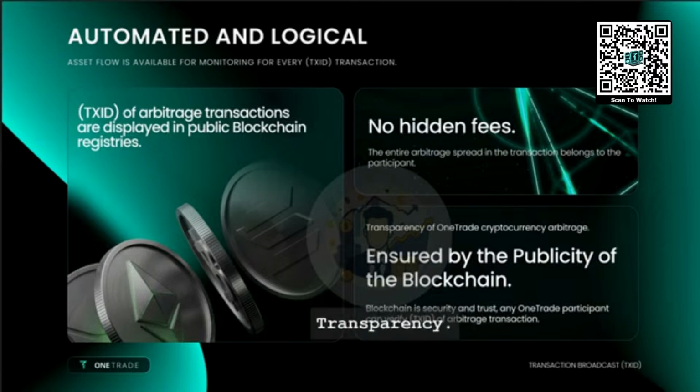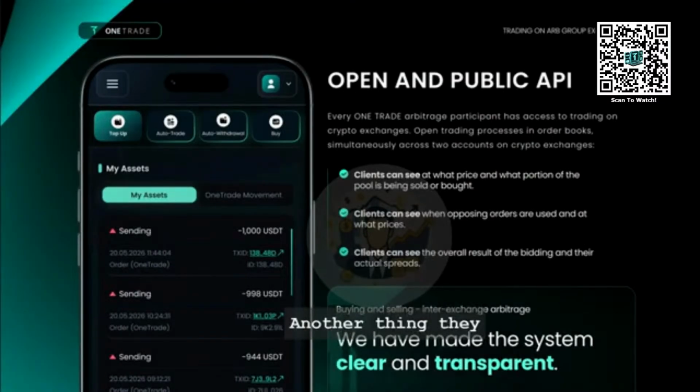Transparency. Because crypto investors are tired of hearing "trust me bro" promises. One Trade tries to present itself as a transparent arbitrage ecosystem where trades, spreads, and transaction activity can be monitored publicly. Another thing they emphasize heavily is API trading.